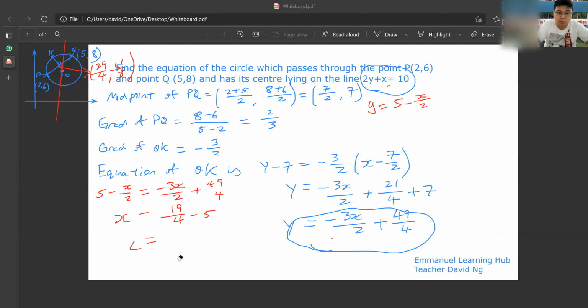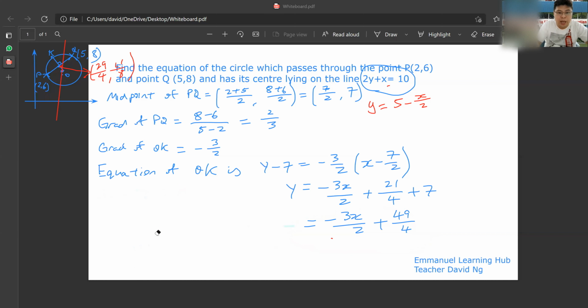No space already, let me erase. Once you get the radius, you can have the equation of the circle already.